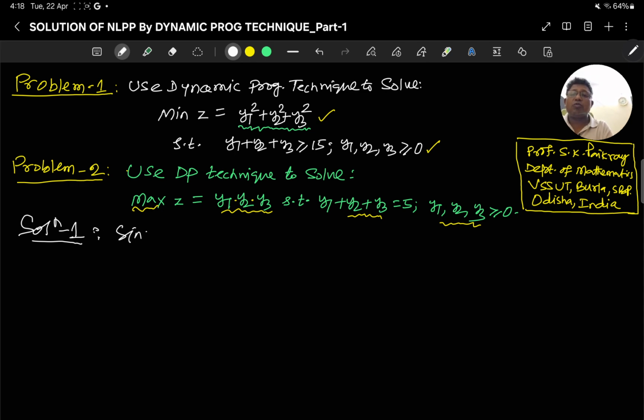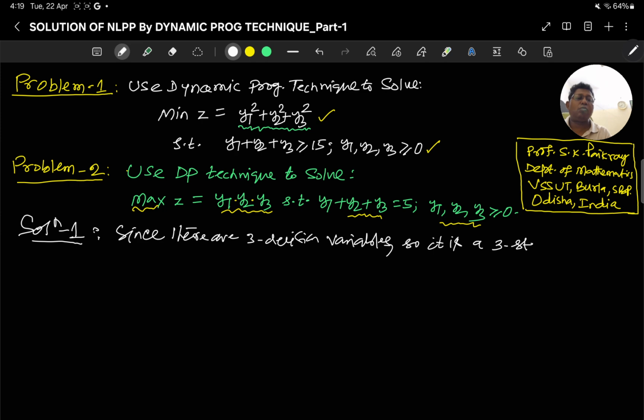There are three decision variables, so it is a three stage problem with state variables, say S1, S2 and S3, defined as follows.